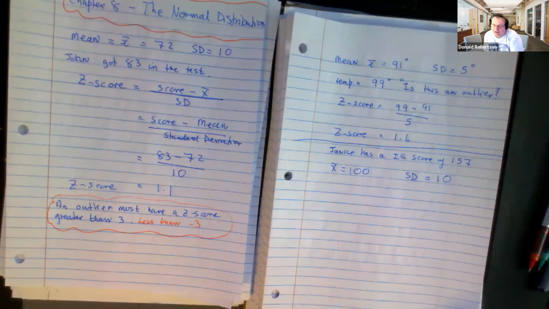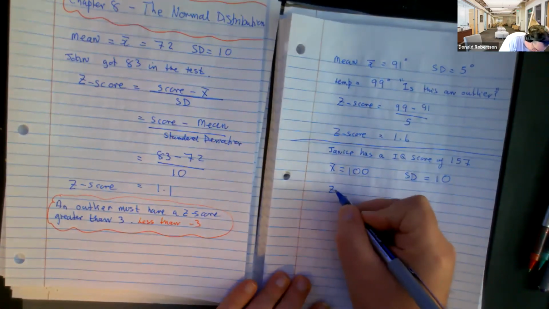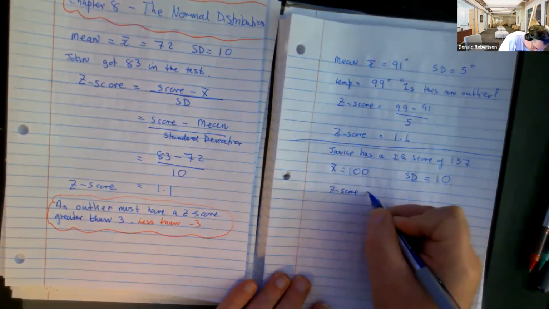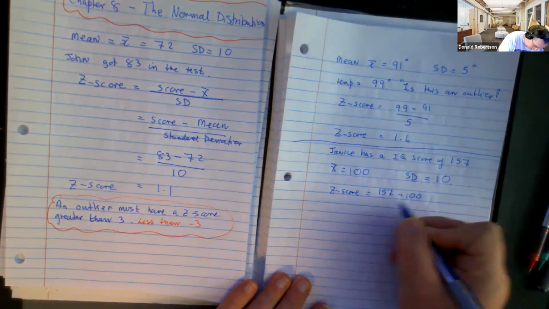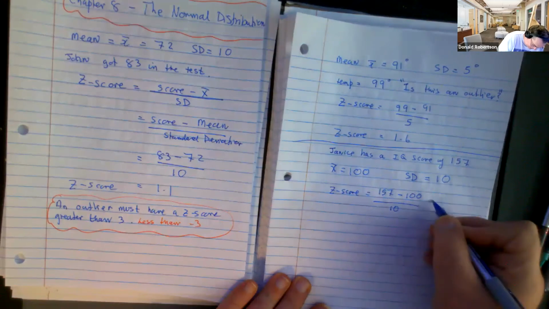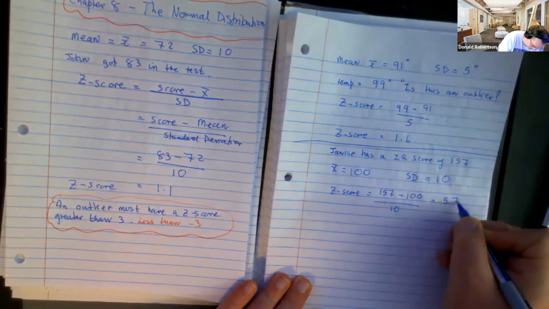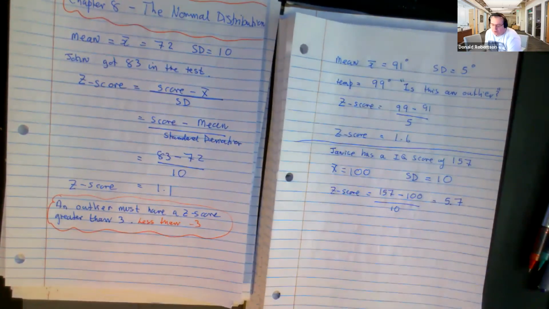Does she have an exceptionally high IQ? Let's find her Z-score. 157, take away the mean, divided by 10. And she has a Z-score of about 5.7.